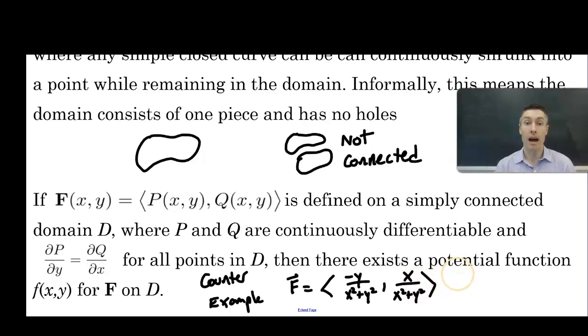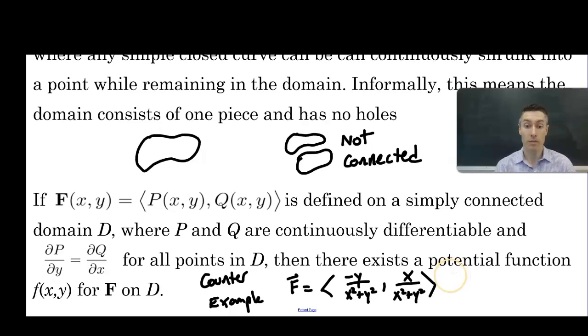That vector field's not defined at the origin, so that would be the hole. So if you draw the unit circle in that vector field and go to compute the work done by the vector field around the unit circle, it's not going to be 0, where in a conservative vector field, it should be equal to 0.